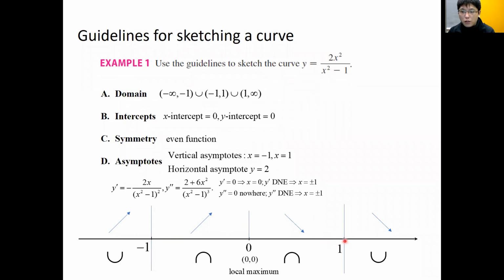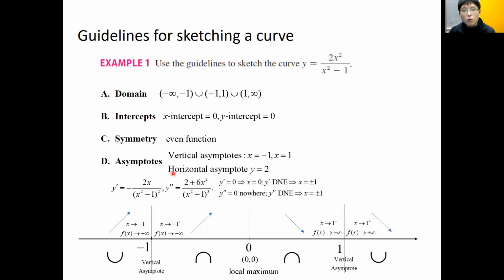Let's also understand what's going on with these two points. At the point 1 and at the point minus 1, we know that they give vertical asymptotes. We also know from the previous slides that the left-hand limit at the point 1 of the function is minus infinity, and the right-hand limit is positive infinity. Similarly, at the point minus 1, the left-hand limit is positive infinity, and the right-hand limit is minus infinity.